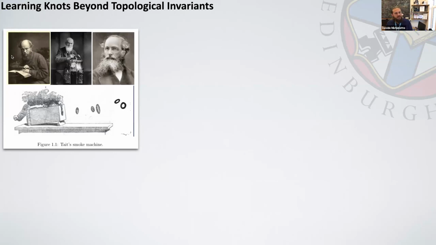Then at some point, Tait came up with this interesting smoke machine, where there is a membrane at the back. It is filled with smoke, and if you bump at the back, you start to form rings of smoke. He would point two machines against each other, and he would show Lord Kelvin that two smoke rings bounce off each other. They will not be deformed.